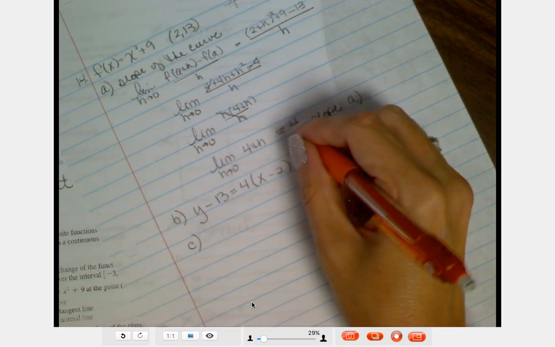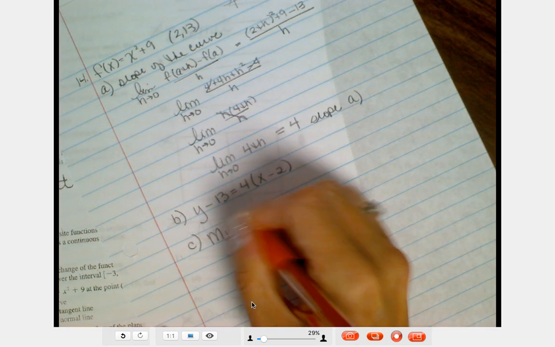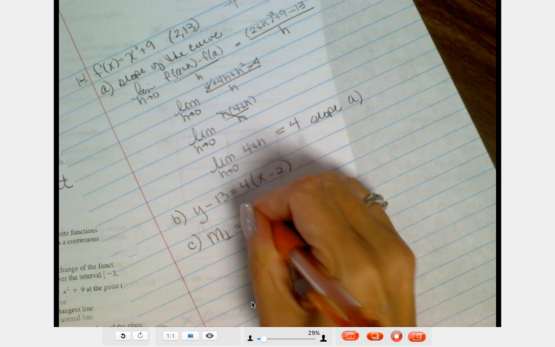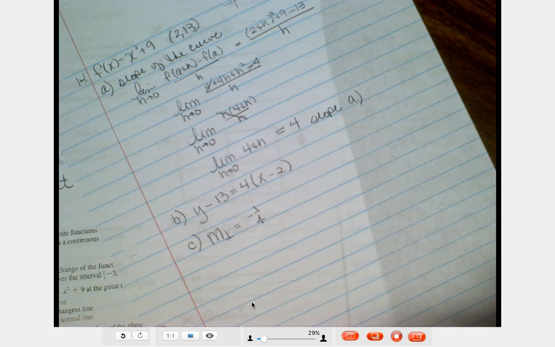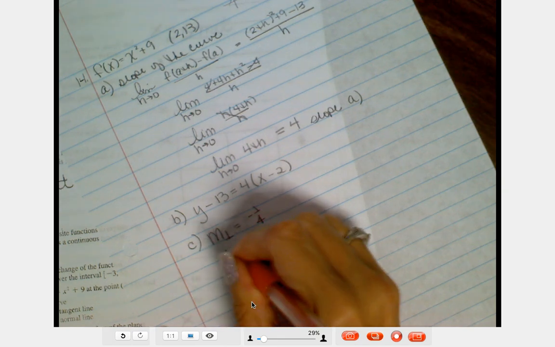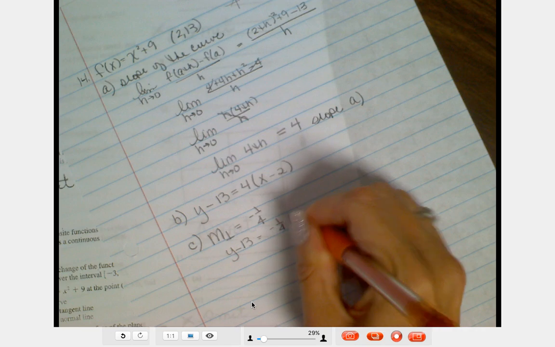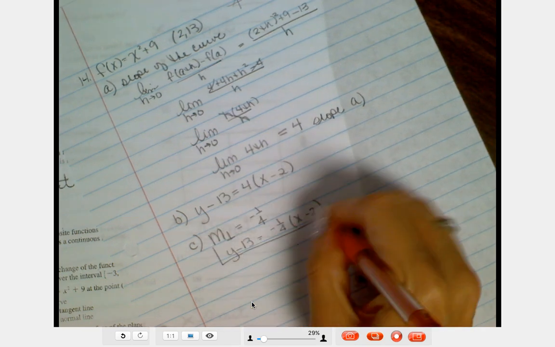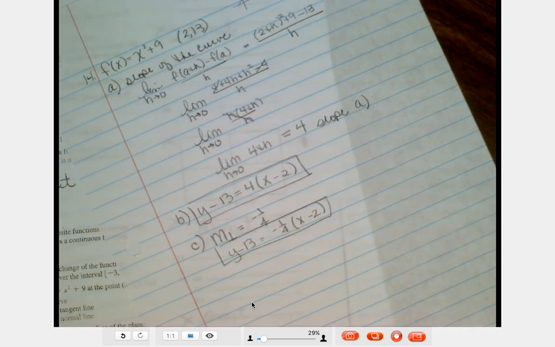If this is 4, then the slope of my normal, or my perpendicular, is negative 1/4. So I simply write that equation again: y minus y1 equals negative 1/4 x minus x1, and I would leave it just like that. I would not worry about working it out. I'm not specifying that it has to be in y equals mx plus b, so that's the easiest way to leave it, and that's perfectly okay.